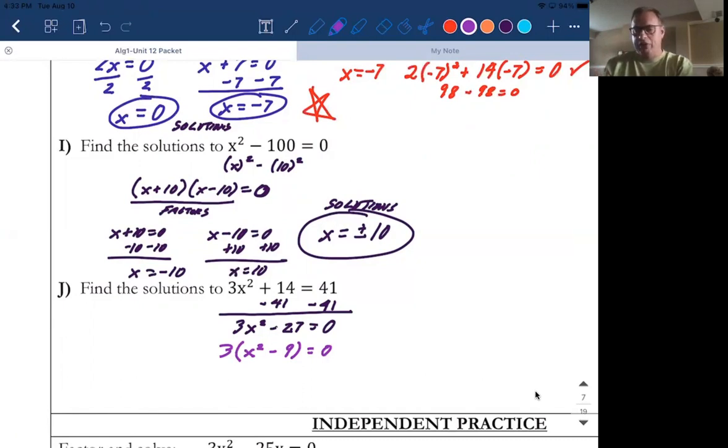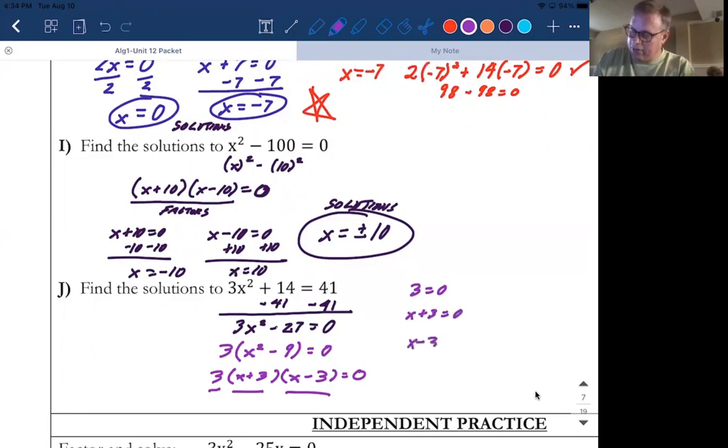Well, I still have a quadratic inside the parentheses, and I notice that, hey, it's what we started the video with. It is a difference of squares. In fact, x squared minus 9 factors into x plus 3 and x minus 3. So how do you find the solutions when you have 3 factors and not 2? Well, think about this. If I list everything out, for the sake of space, I'm going to list all 3 factors equal to 0. I'm going to say 3 equals 0, x plus 3 equals 0, and x minus 3 equals 0.